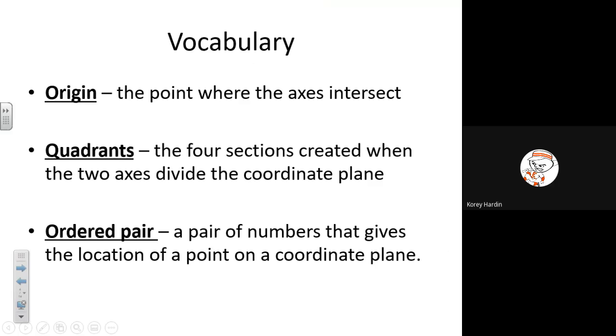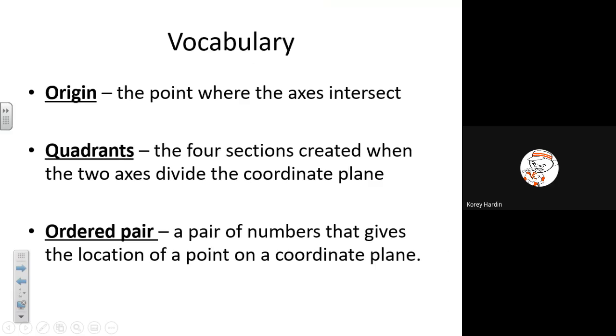And then we have these things called quadrants. A quadrant is a section of the coordinate plane. If the number lines intersect at a right angle, there are going to be four different sections: the upper right, the upper left, the lower left, and the lower right. We're going to give those quadrants a number too, 1, 2, 3, 4.